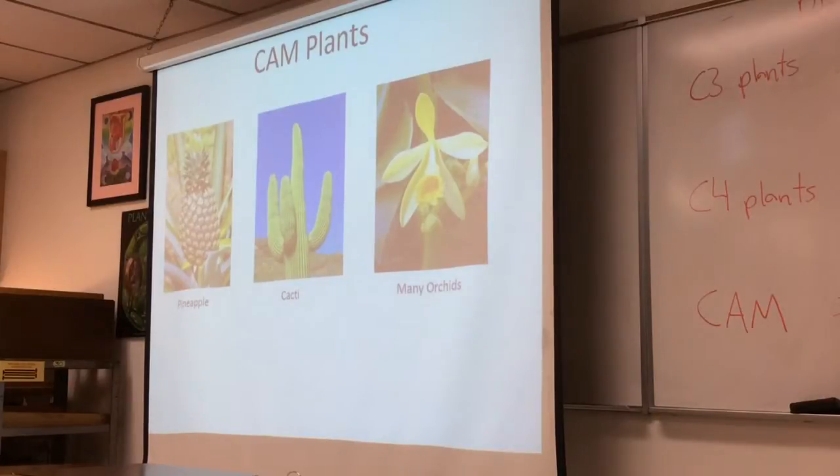So this is Vanilla planifolia, which is Mexican vanilla, and so that's where most of our vanilla flavoring comes from, natural vanilla. So orchids are what are called epiphytes, so that means that they actually grow on other plants. So normally orchids grow on tree branches.